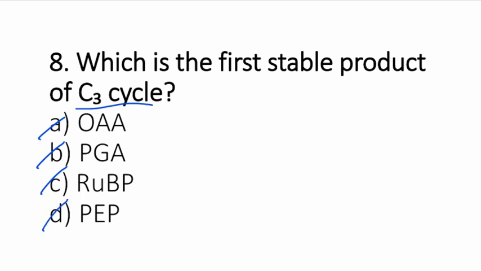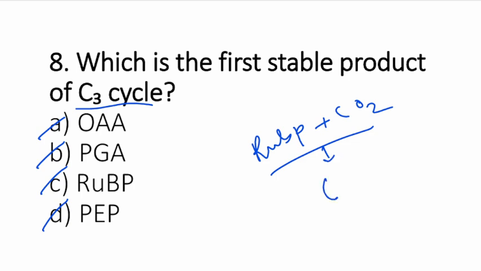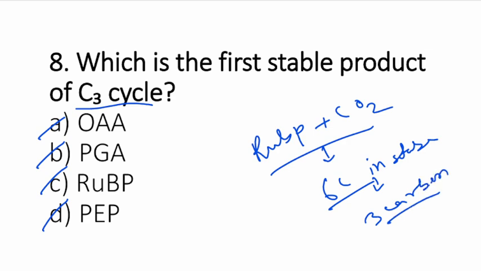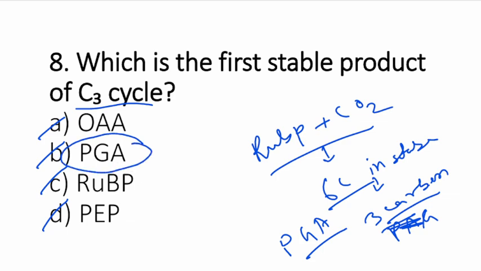The first stable product: when RuBP plus CO2 are together, they form a 6 carbon compound which is unstable, and this splits into a 3 carbon compound. This 3 carbon compound is known as PGA. So option B is correct.